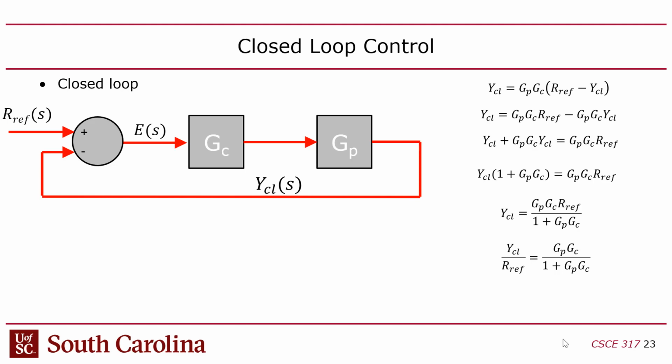If you have the controller connected to the plant in an open loop configuration, the open loop transfer function is just these two multiplied. That's it. But if you want a closed loop system, then it's the open loop transfer function divided by 1 plus the open loop transfer function. That's really all you have to remember here. This is just the derivation of that. That's the closed loop transfer function for this loop.